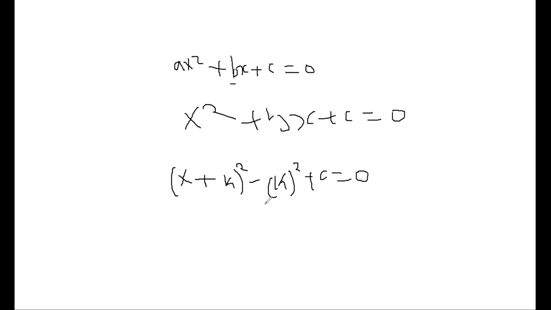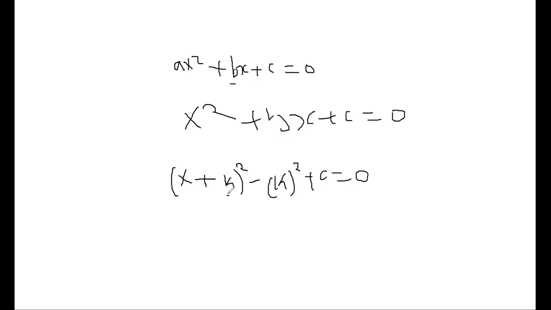This equation is still the same as the one above: we are adding k squared but at the same time subtracting k squared, so there's nothing that we have changed. Now the concern is, what is the value of this k?